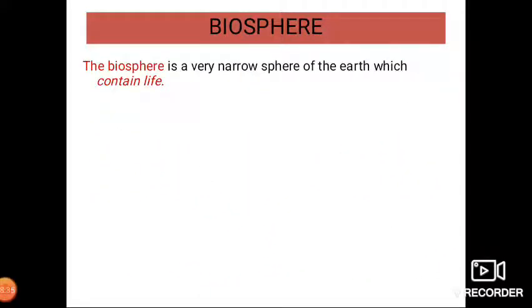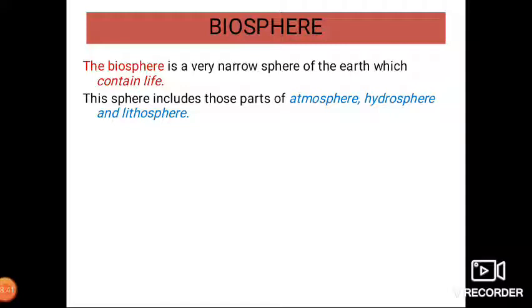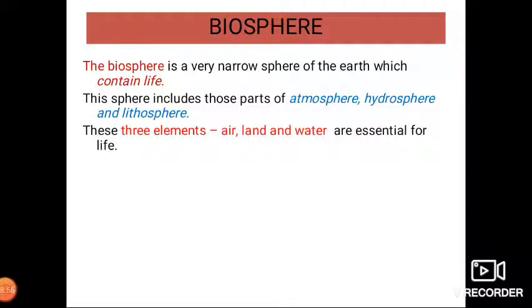The biosphere is a very narrow sphere of the earth which contains life. This sphere includes those parts of the atmosphere, hydrosphere and lithosphere. These three elements, that is air, land and water, are essential for life.